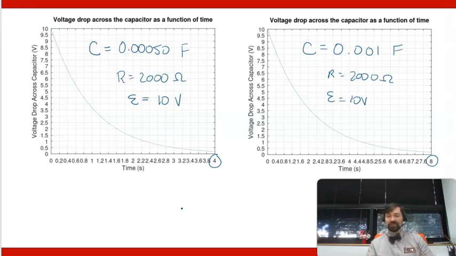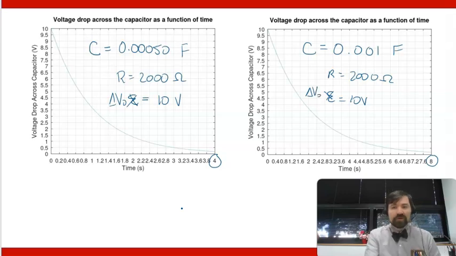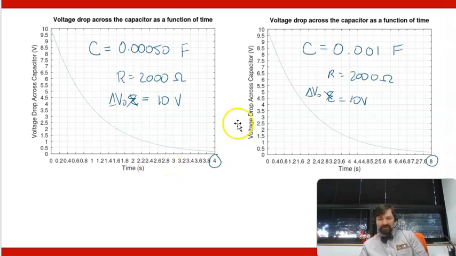So EMF is really just delta V naught in my code. Doubling C seems to double the amount of time over which the discharge is happening. It slows the rate of discharge by a factor of 2, and therefore doubles the amount of time taken to get to a given voltage.